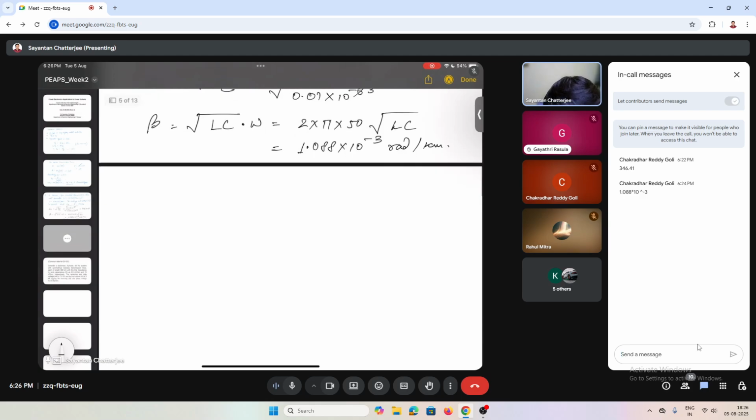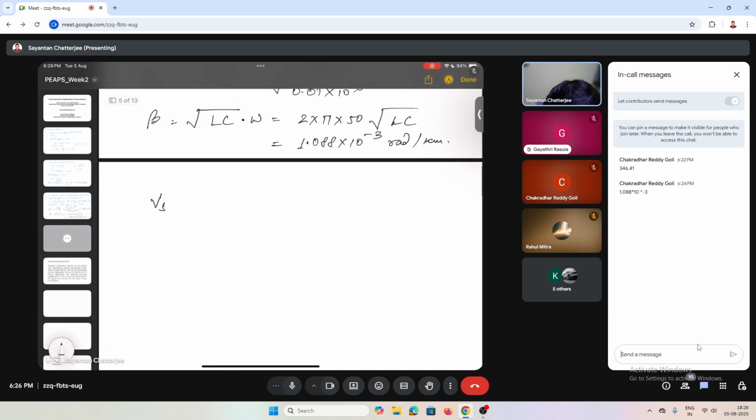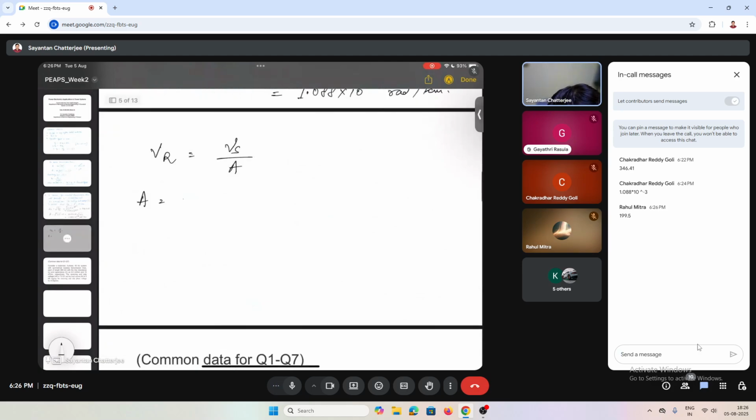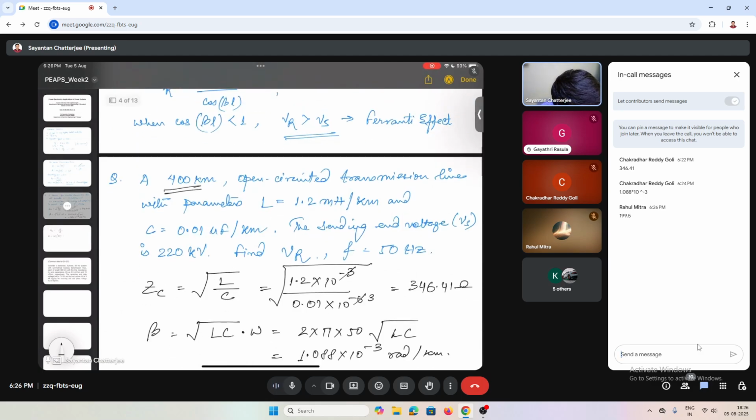So what will be VR? VR will be VS by A, right? As we have seen, A is cos beta L. The length of the line is given as 400 kilometers.